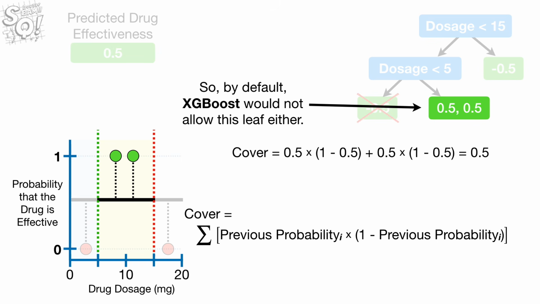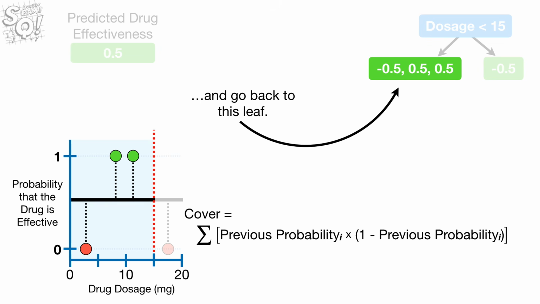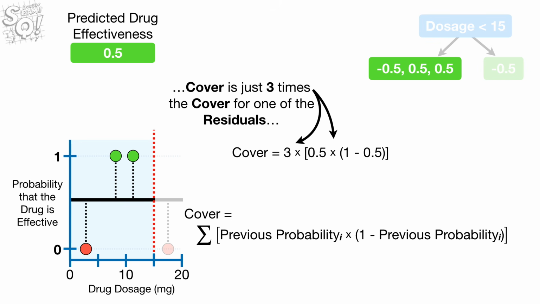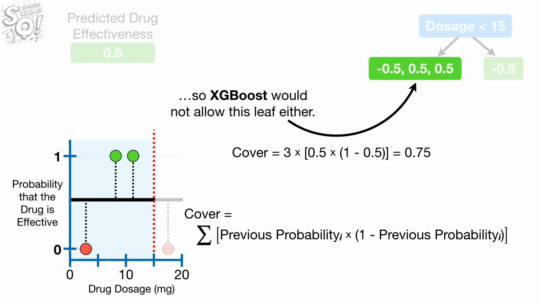So, by default, XGBoost would not allow this leaf either. Since these leaves are not allowed, let's remove them and go back to this leaf. Because the previously predicted probability is the same for all 3 of these residuals, cover is just 3 times the cover for one of the residuals, and that means cover equals 0.75, so XGBoost would not allow this leaf either.